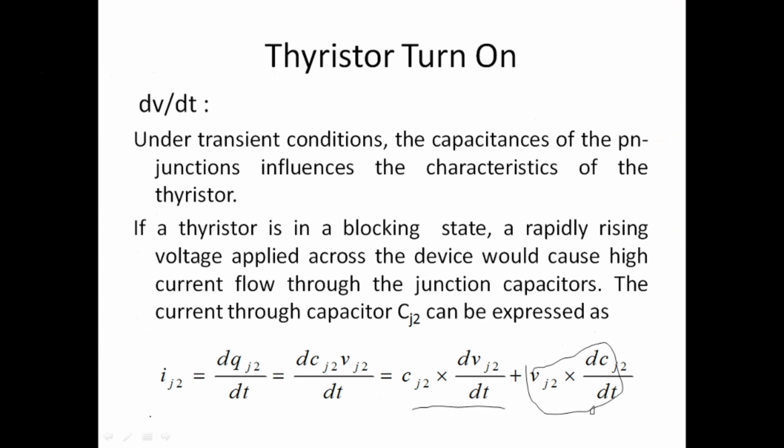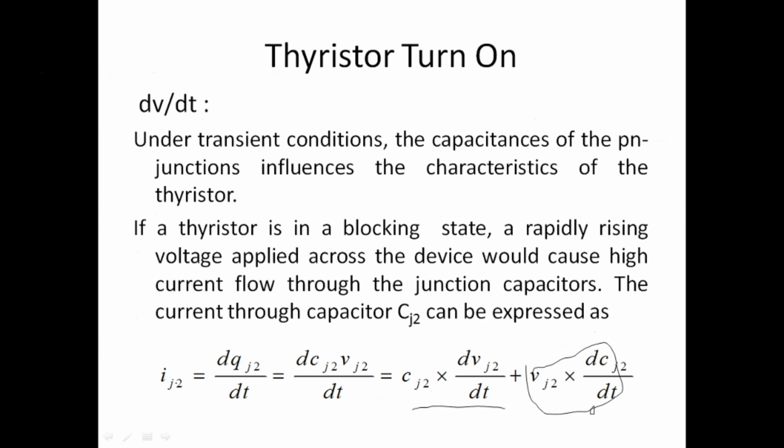Using this formula we can find the current passing through junction J2 whenever a variation in the applied voltage occurs. The Cj2 value you will get in the data sheet. When you purchase a thyristor, they will give you the values of Cj2, so that we can analyze the maximum permissible variation between anode and cathode so that Ij2 stays in a safe range.